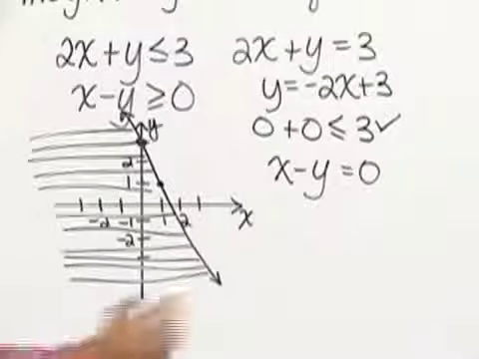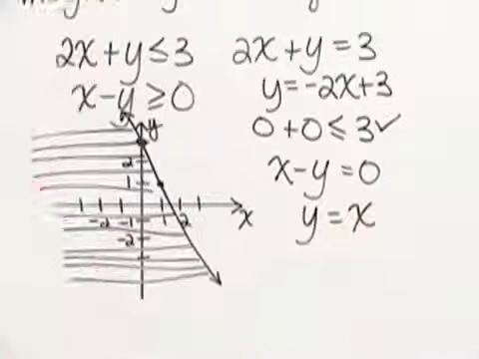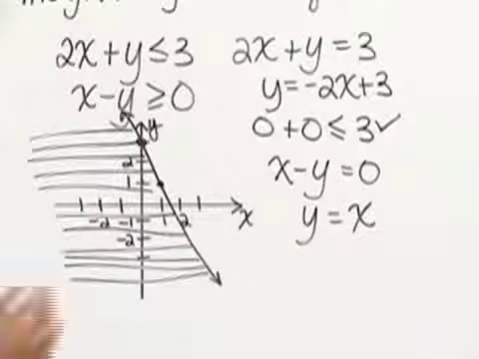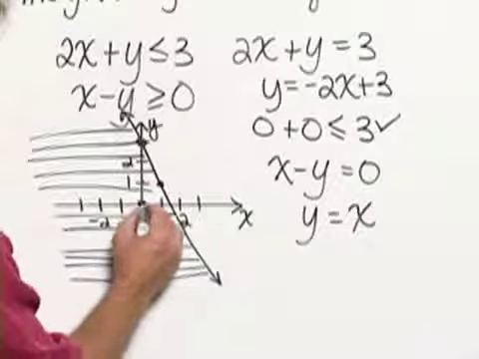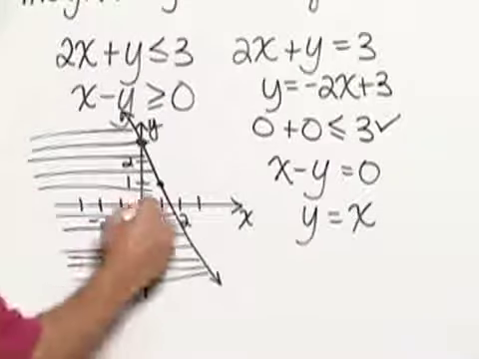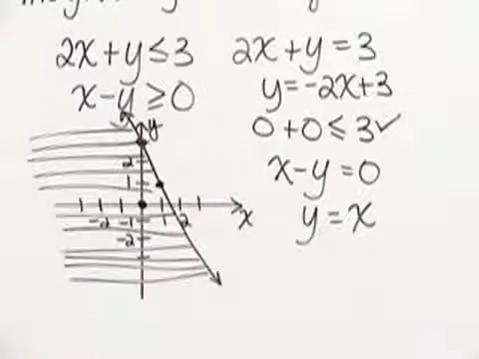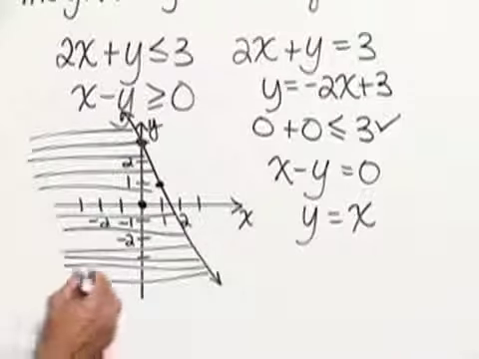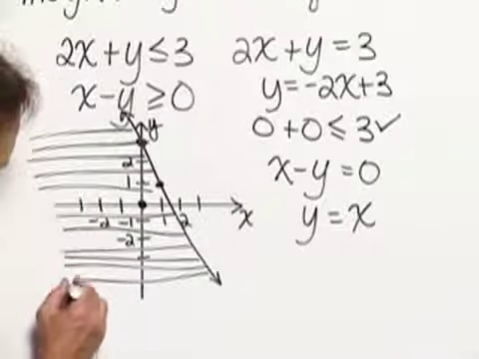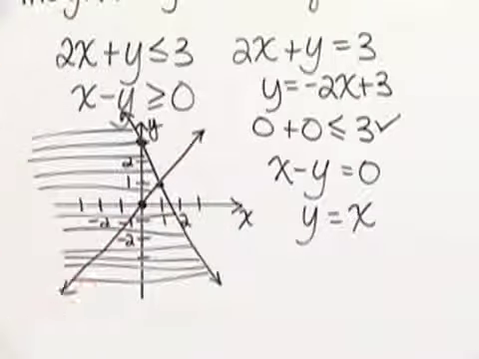And once again, if I add y to both sides, I get the equation y equals x, which means that it passes through the origin and it has a slope of 1, which means I go up 1 and over 1 and happens to intersect the other line at that point 1, 1. It is a solid line, so I draw my graph as a solid line passing through those 2 points.